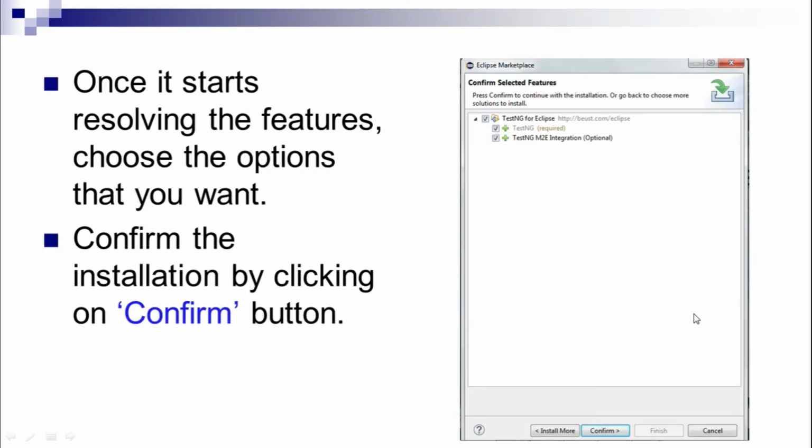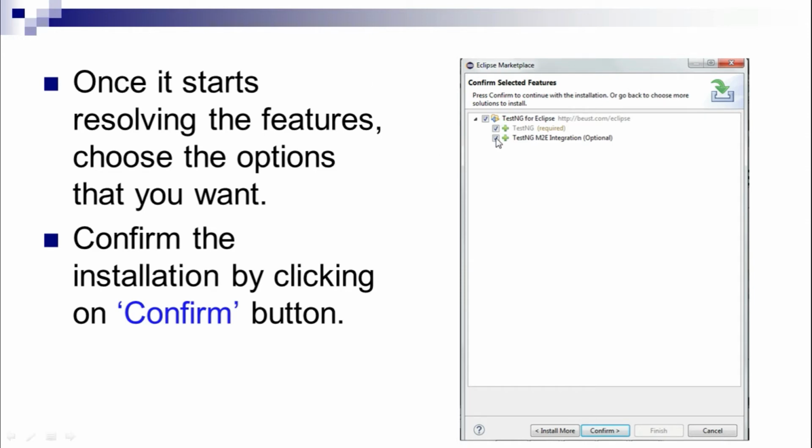Now when it searches for TestNG and you say install, it'll start resolving the features of TestNG, and the next option it'll give you is to have TestNG and TestNG M2E integration. That's optional for Maven integration, and this one is required. That's entirely up to you what you want to do. We'll have both the ones.